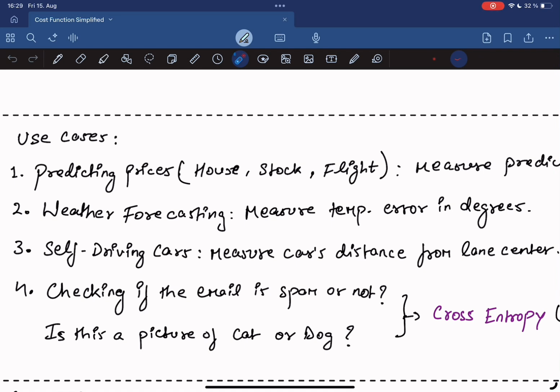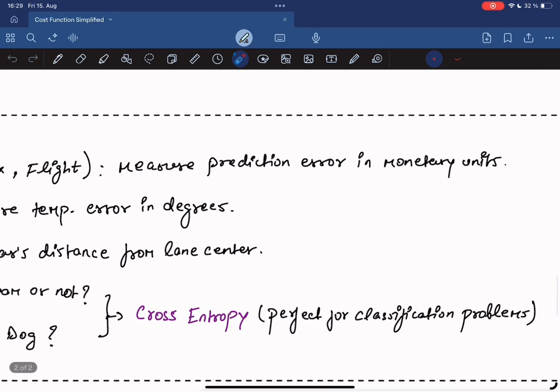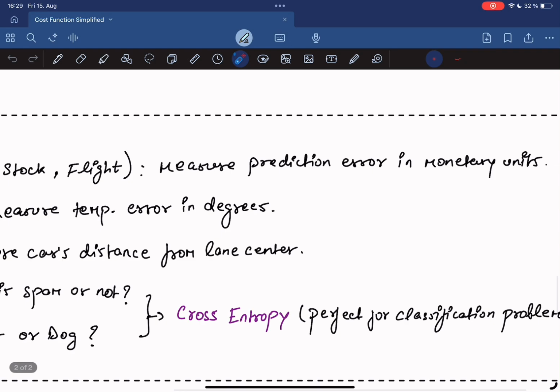Okay, let's move on to the real world use cases for the cost function. The first example is predicting prices, like we took for the house. It can be anything, like stock or flight prices, which measures the prediction error in monetary terms and tells how many dollars the prediction was off.